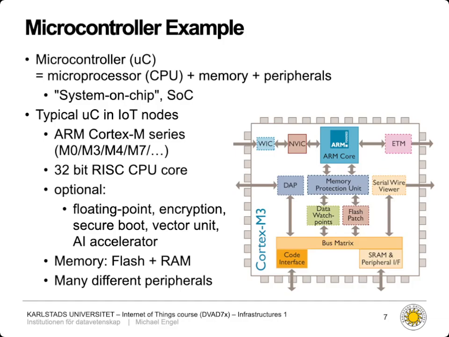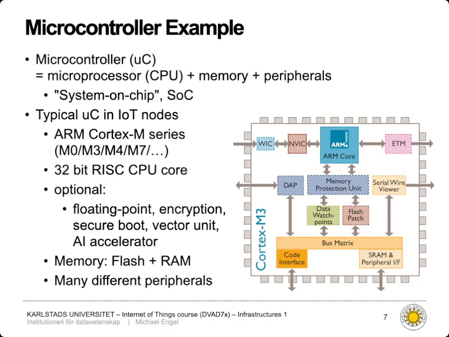And we have a large number of peripherals, which we can use to connect to sensors or actuators, for example. And we usually call such an integration of a processor with additional components a system on chip. And since this usually has the task of controlling something, well, that's why we call it a microcontroller. So we also just usually abbreviate it with micro C or UC just because we're lazy.